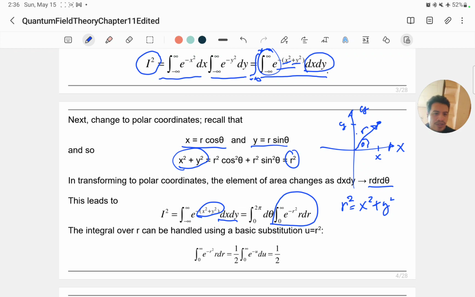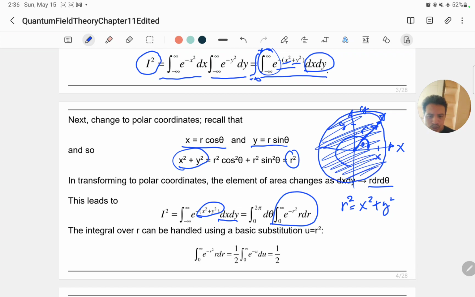And of course, your theta, in order to cover everything, goes from 0 to 2 pi.